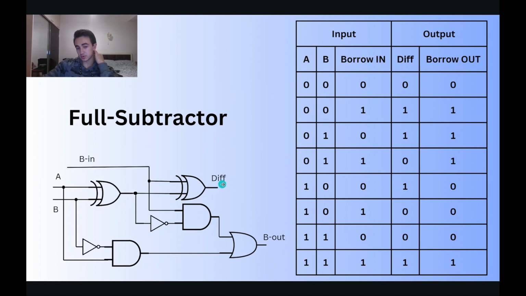This XOR outputs 1. The difference of the whole operation is 1. The XOR's output 0 negated is 1, and borrow in is 1, so the AND gate outputs 1. Here this AND gate outputted 0, this AND gate outputted 1, so the OR gate outputs 1. As we see here, the borrow out is 1.